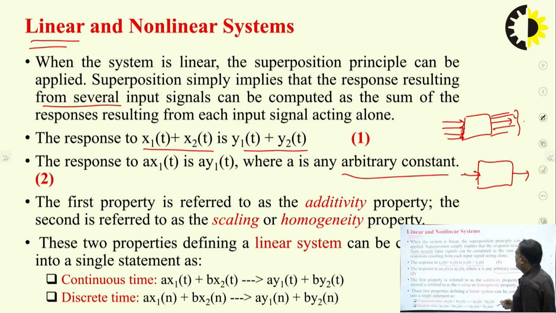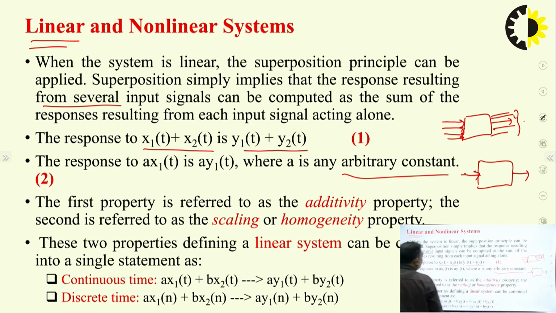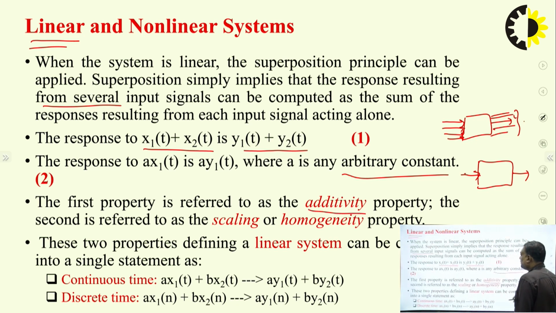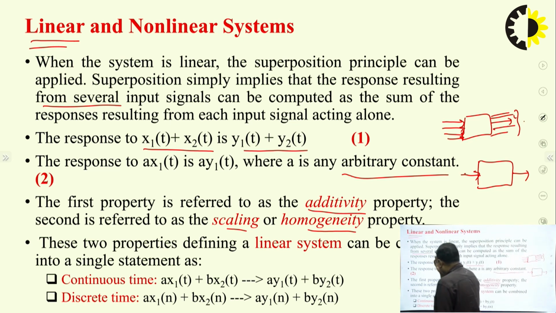So you can see this is the first property and this is the second property. If the system follows both the properties, then the system is linear. Okay. The first property is referred to as the additivity property, and the second property is called the scaling or homogeneity property. So if additivity and homogeneity properties are both shown by a system, then that system is the linear system, otherwise it is non-linear.